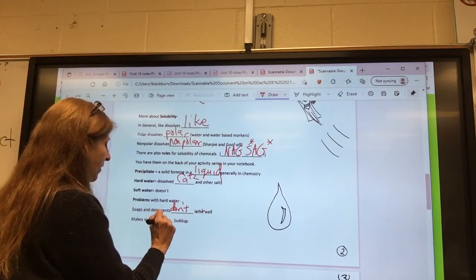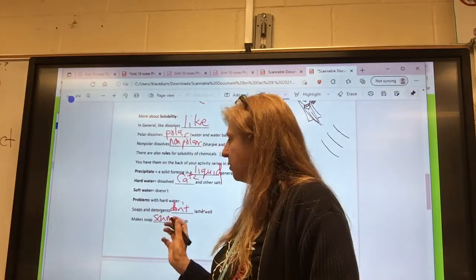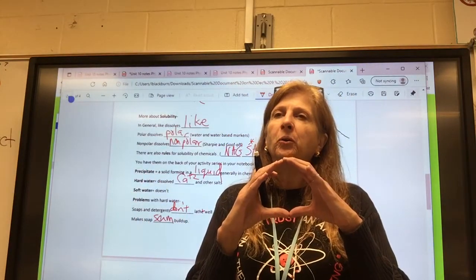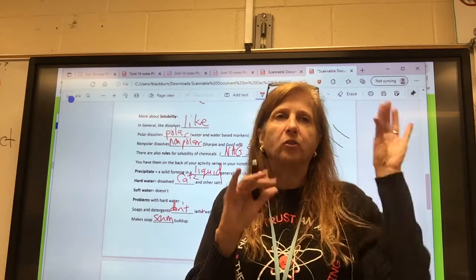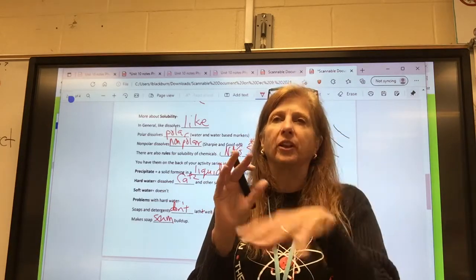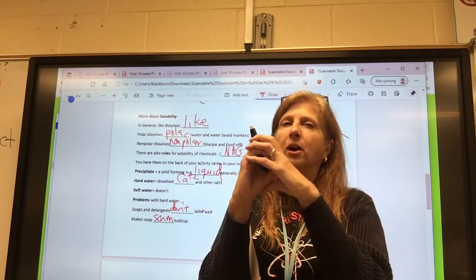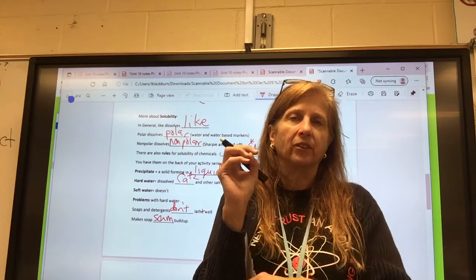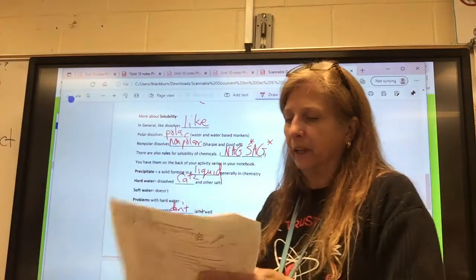And you're like, well, that's not that big of a problem. Soap scum, yeah, you have to scrub your bathtub, but the problem is pipes. Soap scum will build up in your pipes under your house where the bath water and the sink water goes, and it gets smaller and smaller, and then it causes plumbing problems in older houses.